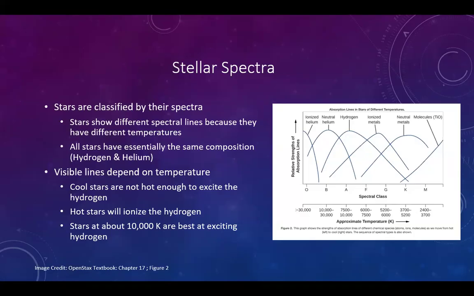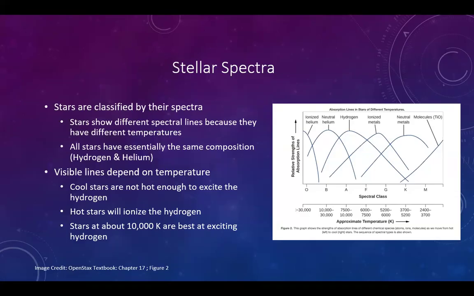So as temperature goes up, different spectral lines get stronger. So at low temperature, you see molecules, then neutral metals, then ionized metals, then hydrogen peaks around A here. Then we have neutral helium and then ionized helium in O.